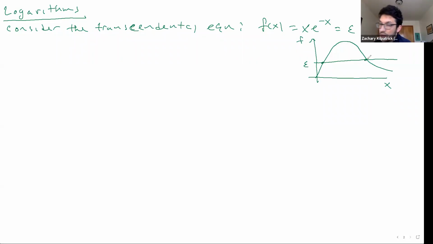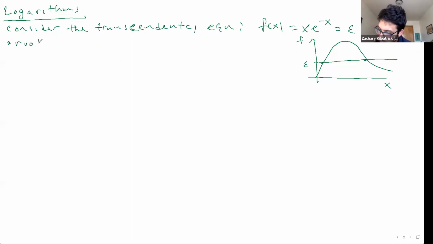And the smaller epsilon is, the more you're going to push this large root out towards infinity. The smaller epsilon is also, the more you're going to push this small root down towards 0. And so that tells you that you're probably going to need different flavors of expansion for either root, okay?